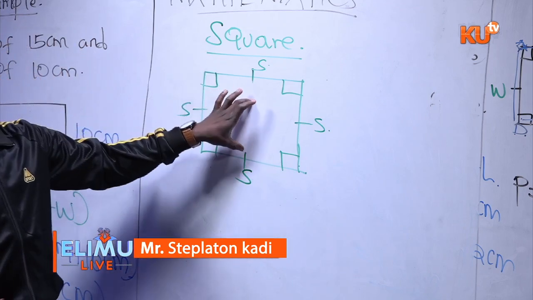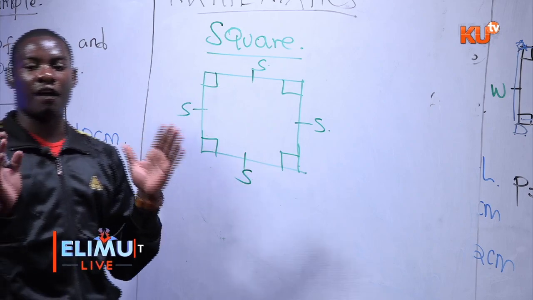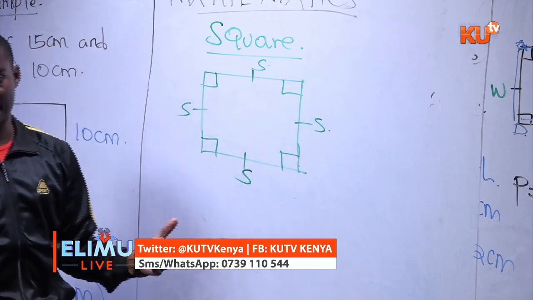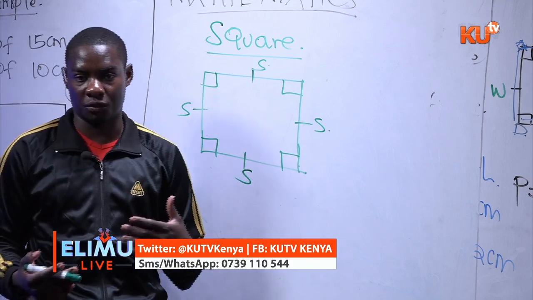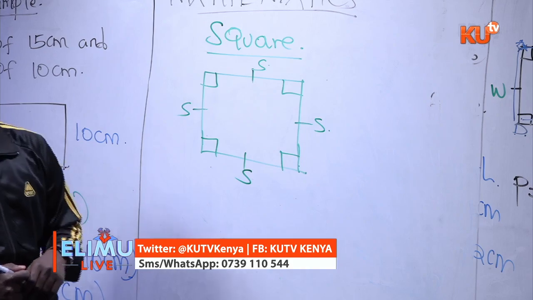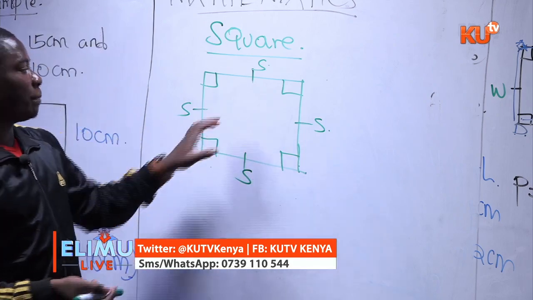So this is an example of a square I have drawn here. A square is a four-sided figure whereby all the sides are equal. So we can have an example that will require us to calculate the perimeter.